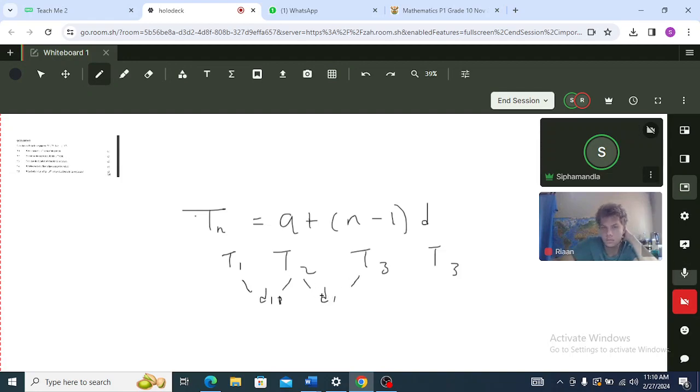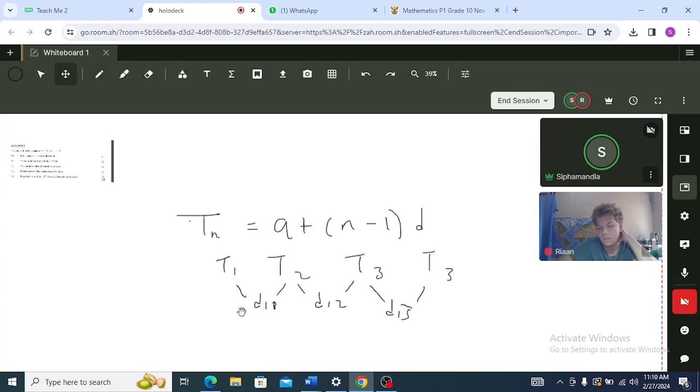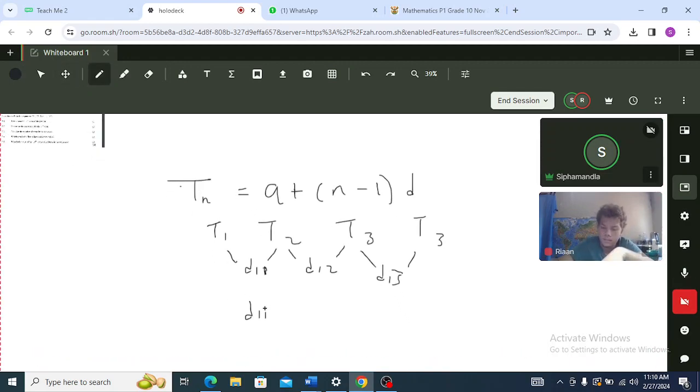So this means that D11 would be equal to D12 would be equal to D13.